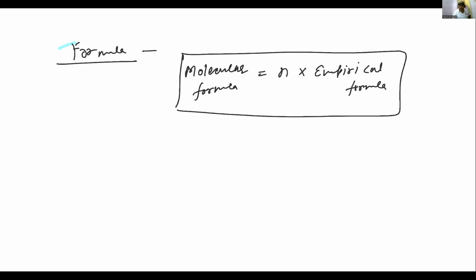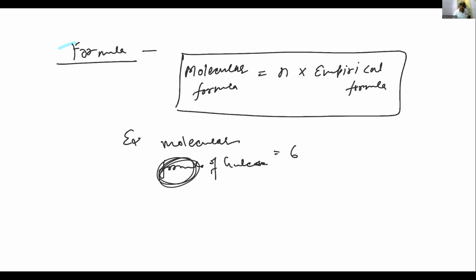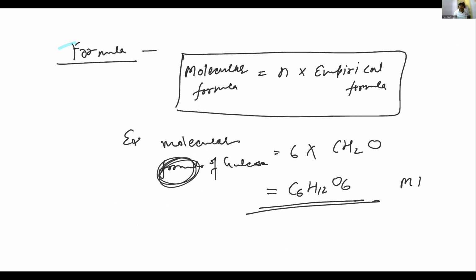Molecular formula is the n factor multiplied by the empirical formula. For example, the molecular formula of glucose: the n factor is 6, as you saw on the previous page. So n into the empirical formula, which you told me was CH2O, gives C6H12O6. This is the molecular formula.